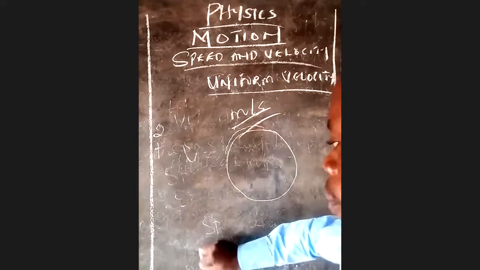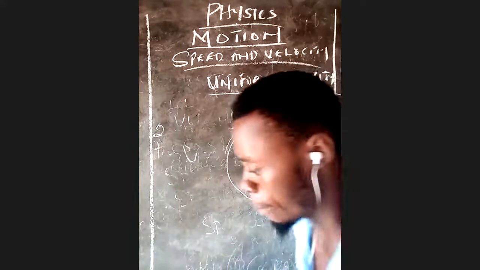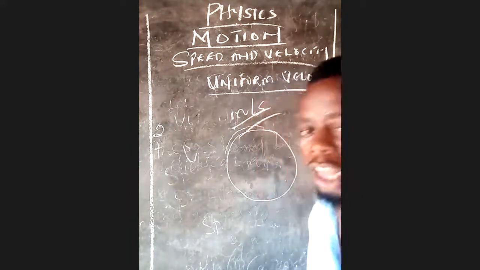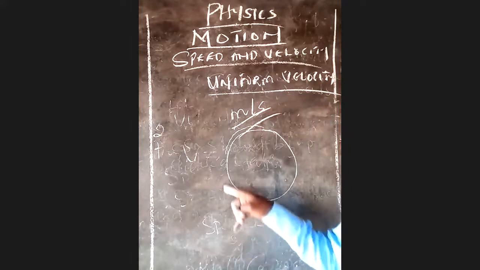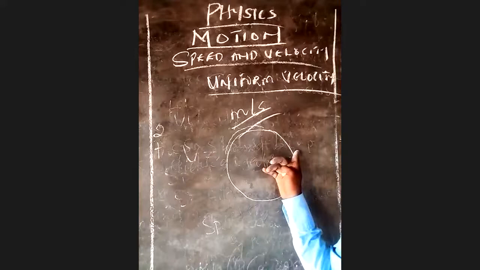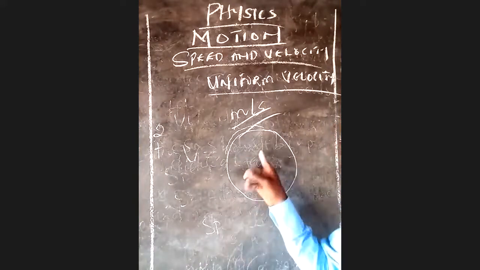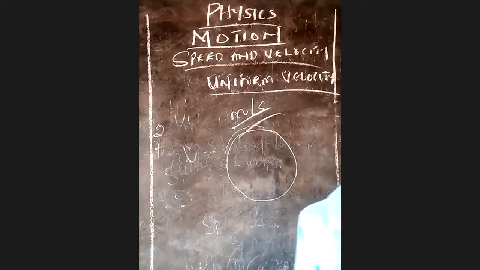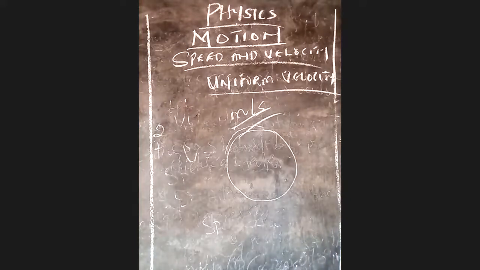You cannot compare with a body that is moving on a straight line. Is it possible for the body to maintain a uniform velocity? The body that is moving in circular motion is said to have no uniform velocity, because the direction of motion is constantly changing.